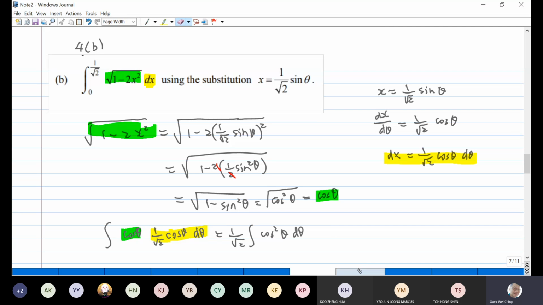So another page here. 1 over square root 2 integrate cosine square d theta. This is using reducing square, meaning that cosine square theta is equal to 1 plus cosine 2 theta over 2. Okay, this is on page 27, reducing square.